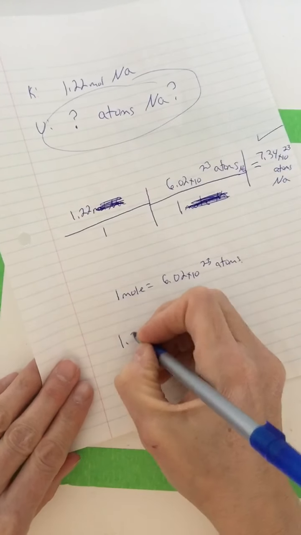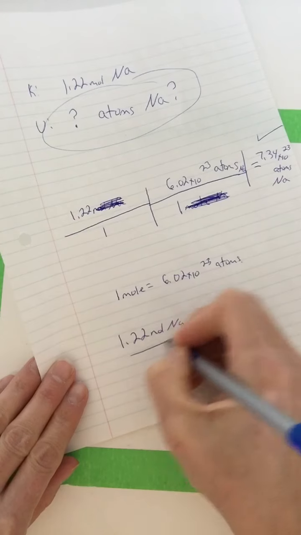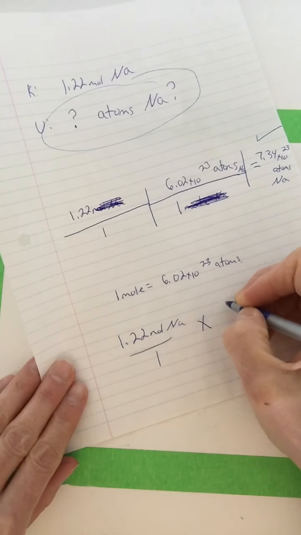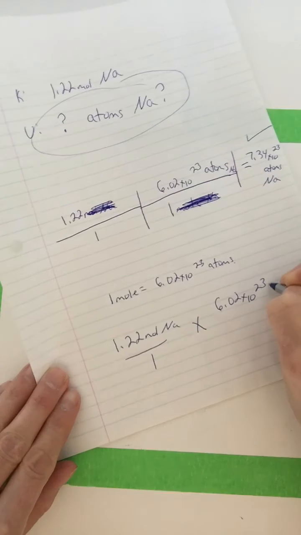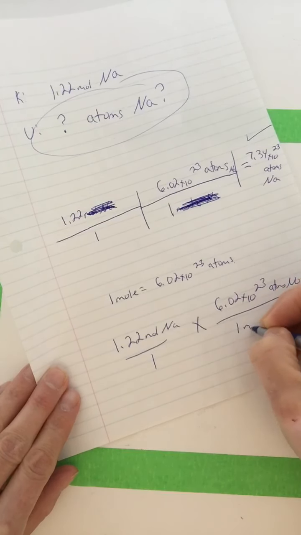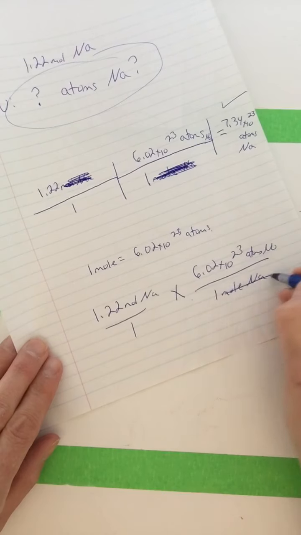If you prefer to write it like this, 1.22 moles of sodium over 1 times 6.02 times 10 to the 23 atoms of sodium over 1 mole of sodium. If you like it like this instead of building the bunk beds like me, that's fine. It doesn't matter.